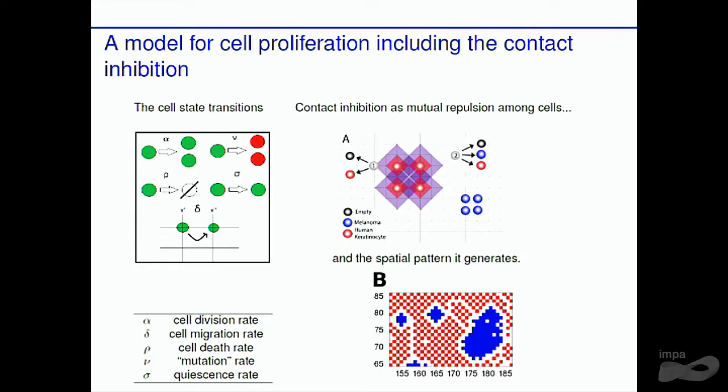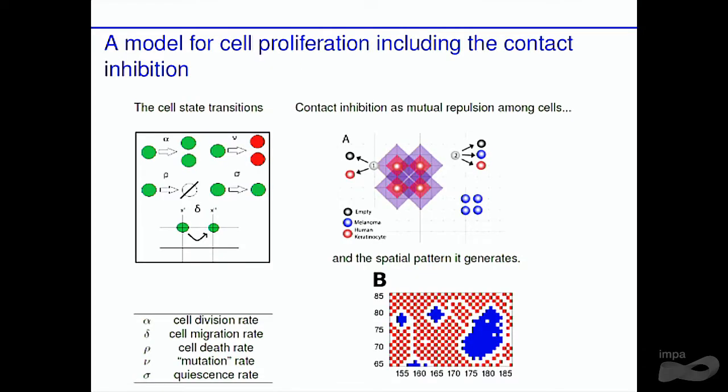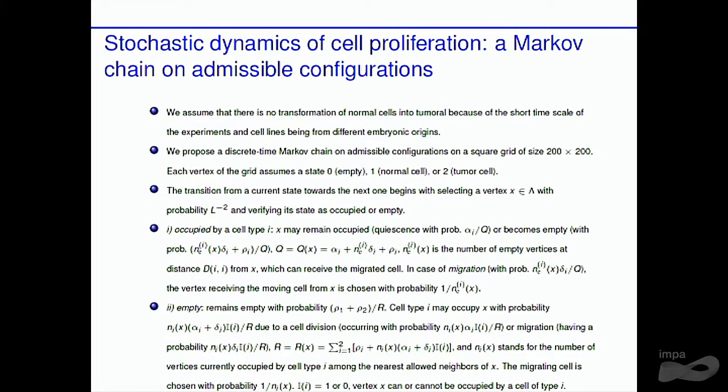And as you can see, it has a structure that is very similar to the one that we showed in our experiment. We have a C formed by normal cells, the red ones, and we have some islands of tumor cells, the blue ones. Okay, so how is our algorithm?